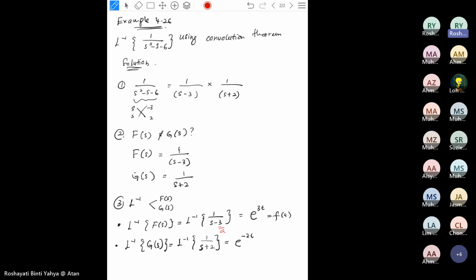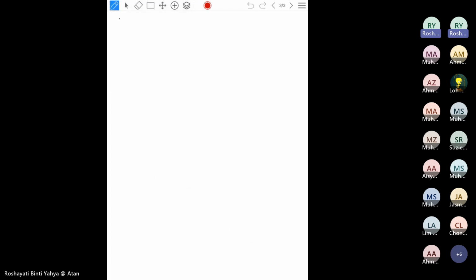So next, step number 4, find f(u) and g(t minus u). Just now you have f(t) equal to exponential 3t, g(t) equal to exponential negative 2t. Now for f, t you change to u.